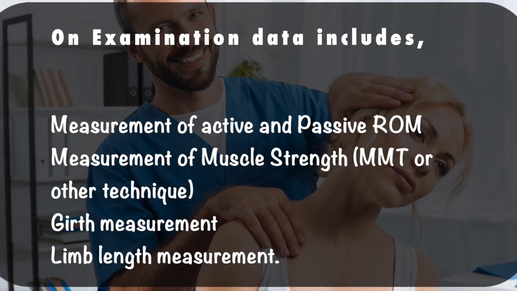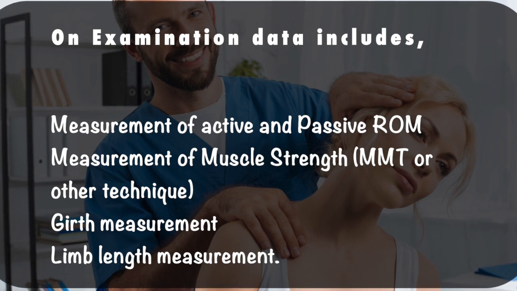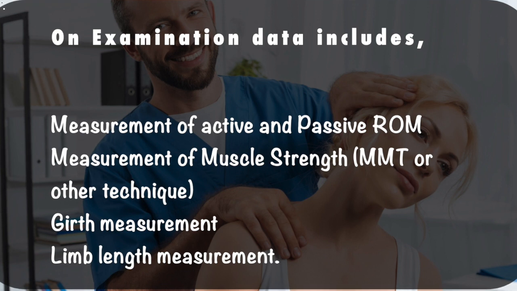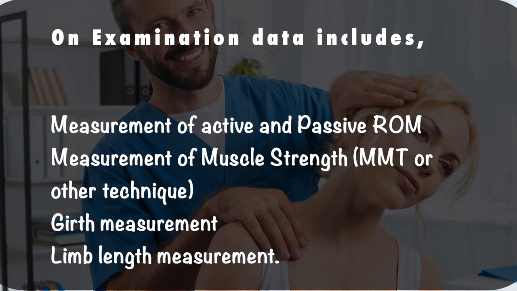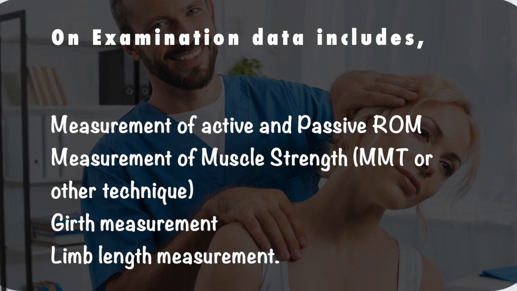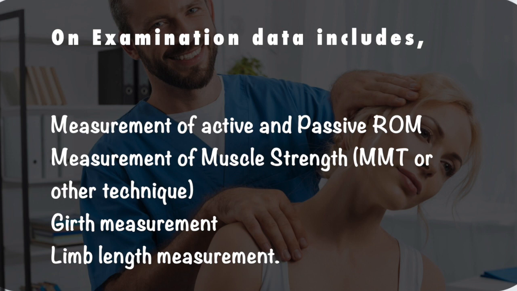Girth or circumference is measured at standard anatomical sites around the body with the use of a tape, and can be used to determine body size and composition, for example the presence of any muscle atrophy or hypertrophy. Then comes the measurement of limb length discrepancy. It is performed to find out any structural or non-structural lengthening or shortening of the limb.